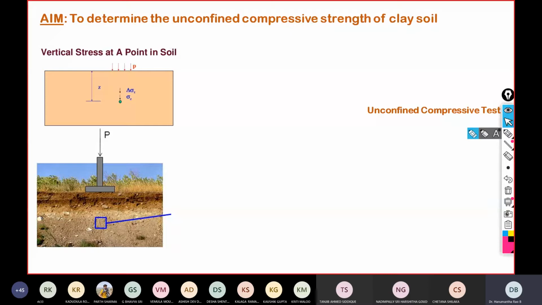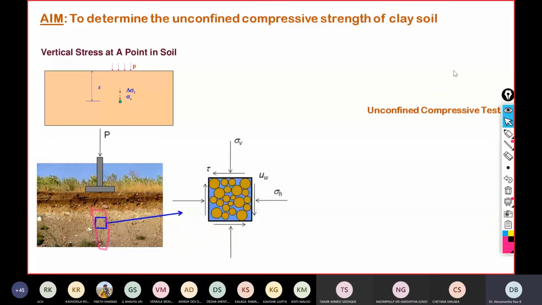But I can say that if you take any small element at any depth of the soil sample, then different stresses will act on the soil element, including the horizontal stresses, the vertical stress, and the shear stress.